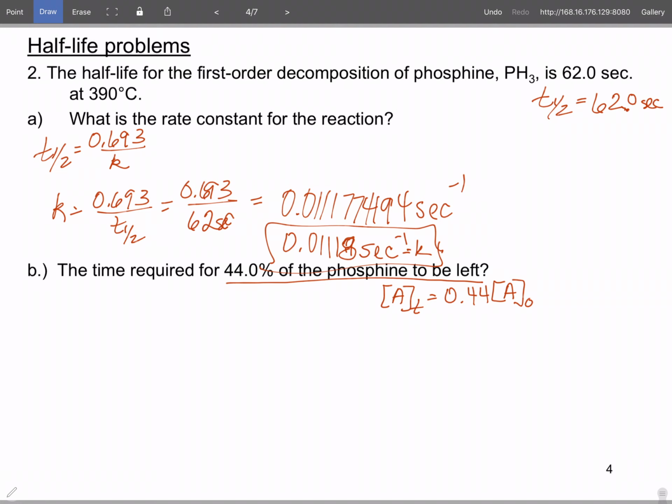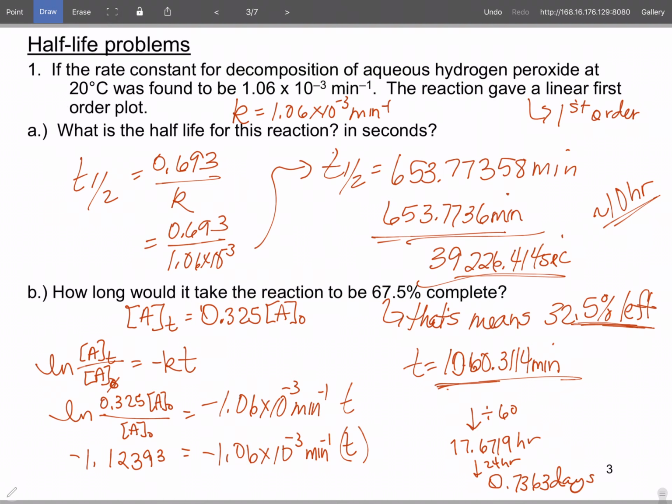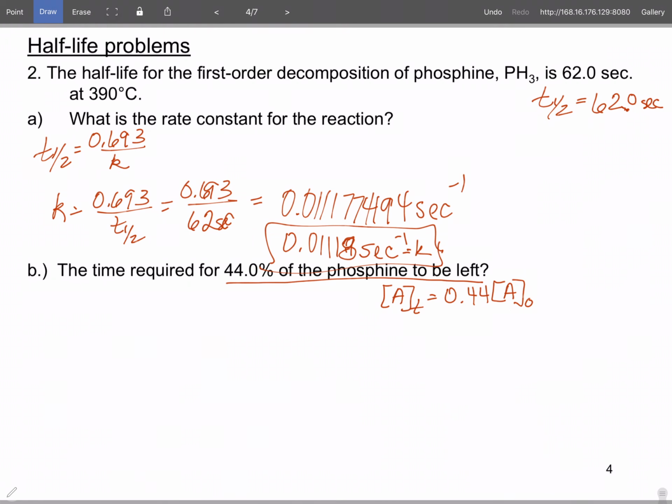So notice that on the previous one, we said that it's 67.5% complete. That means we had to subtract it. On this one, we are left because we're always looking for the amount we have present left. So we're back to the natural log of concentration at time T divided by the concentration at 0 is equal to minus KT. So now we have the natural log of 0.44 A sub 0 over A sub 0.